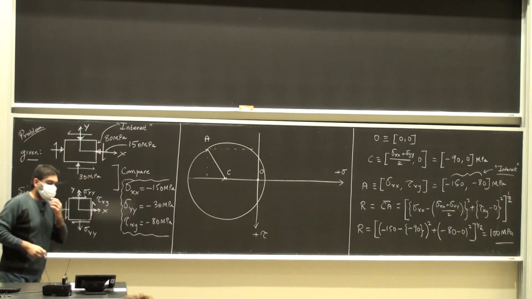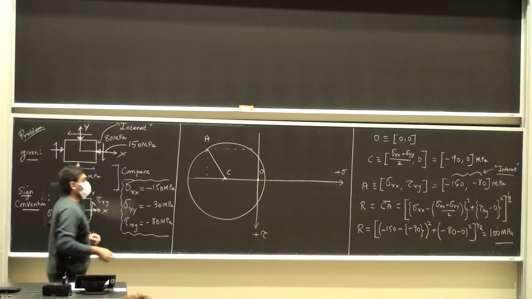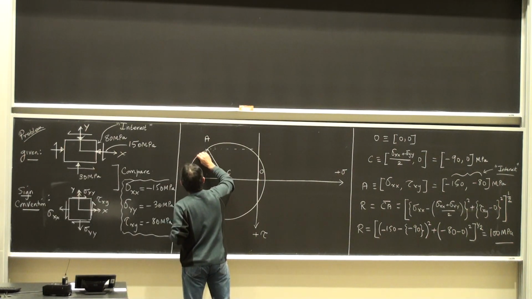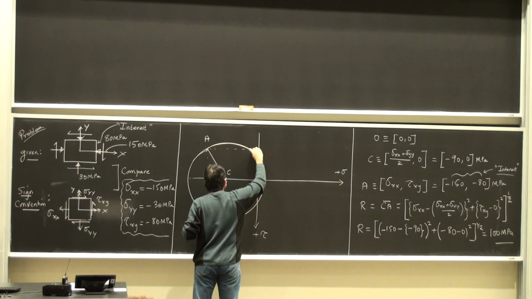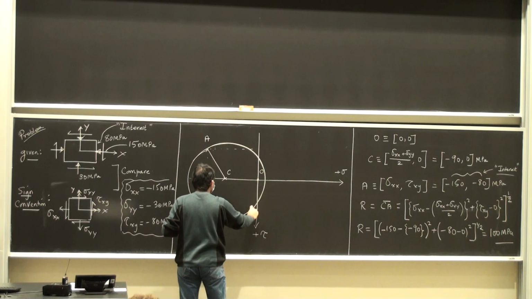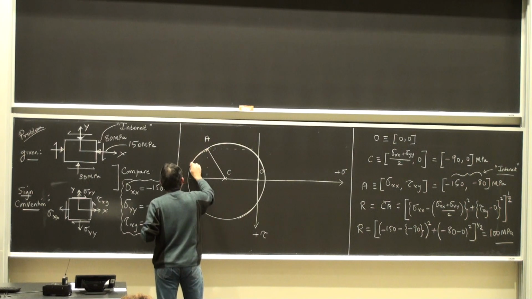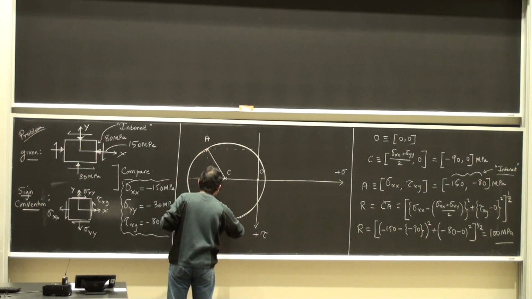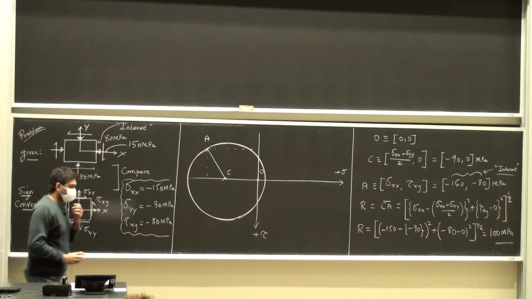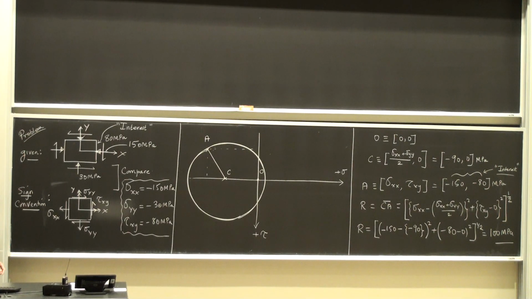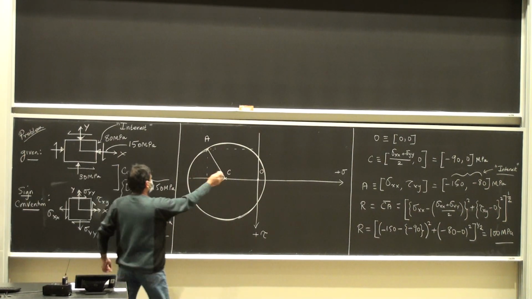Okay, so this is approximately a circle. And so here you have the Mohr circle. All right. So this is the radius R.